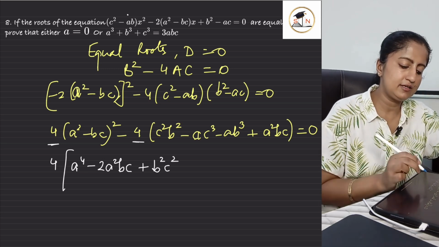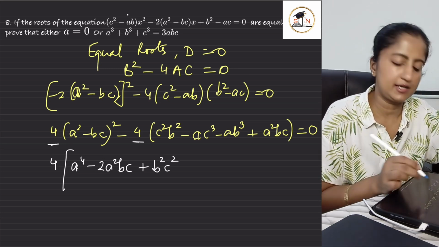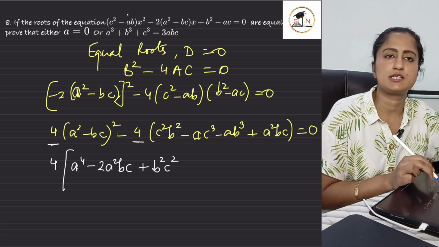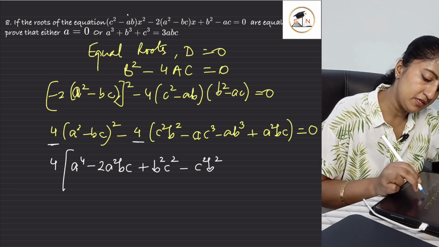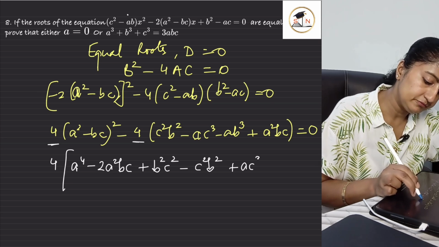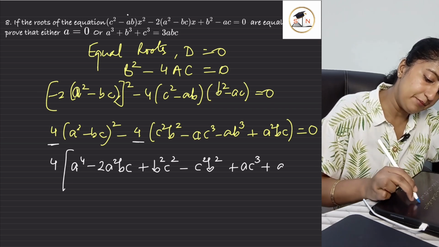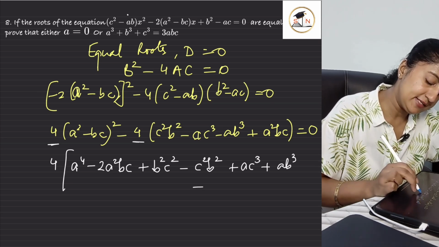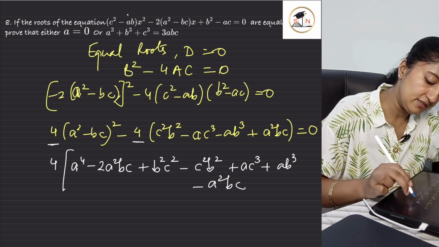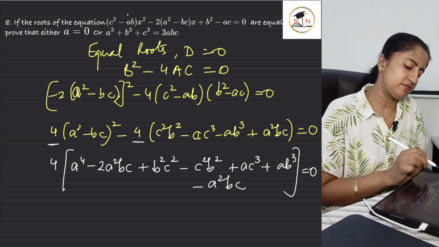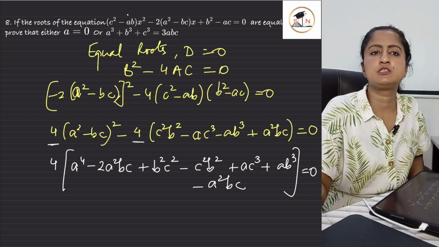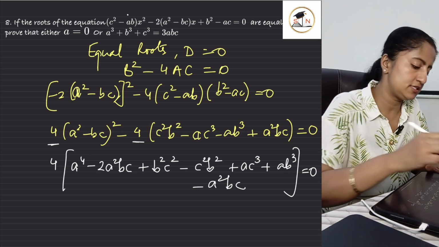And along with that, I will expand the second bracket using the negative outside. So that gives me minus c square b square plus ac cube plus ab cube minus a square bc equals 0, right? This 4 outside will go to 0 and it is useless for us.